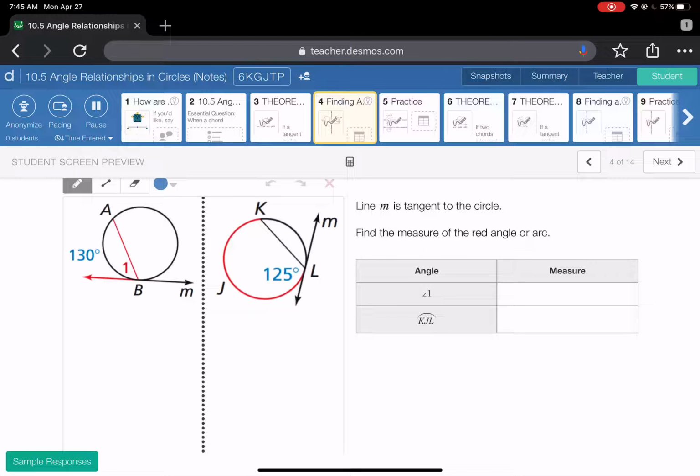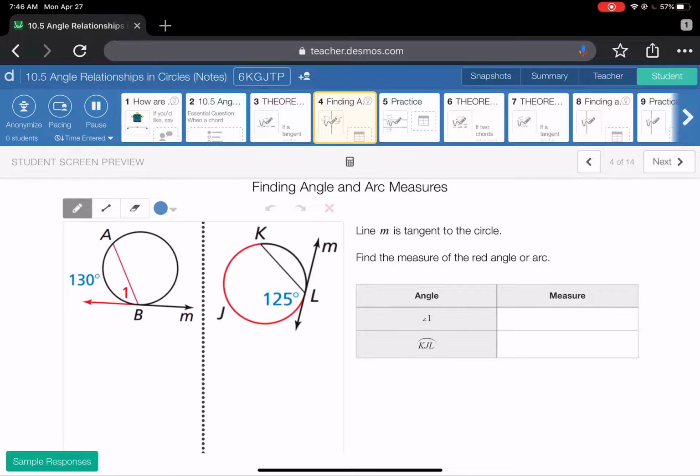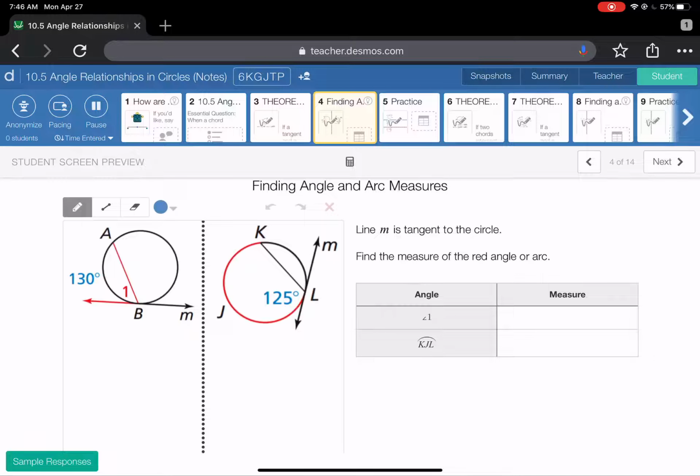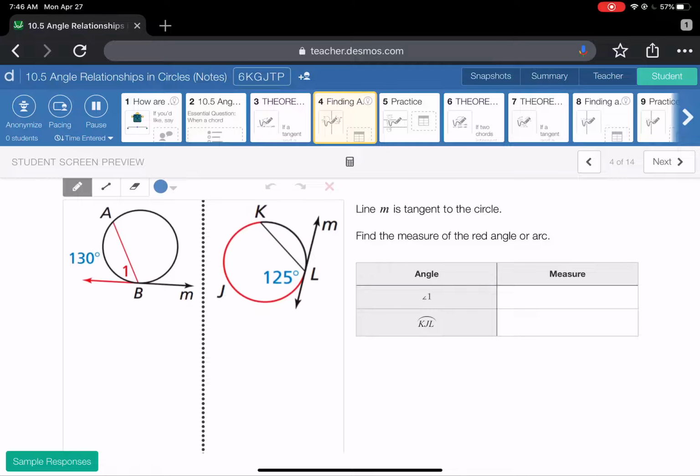So then let's go over here to our first problem, how to find either an angle measure or an arc measure. It says line M is tangent to the circle, and we see that the chord within the circle is intersecting at that tangent, so we can use that theorem that we just learned about to find the measure of the angle.